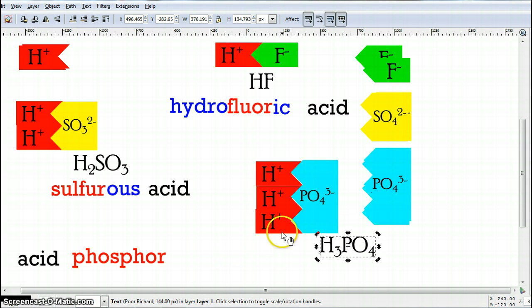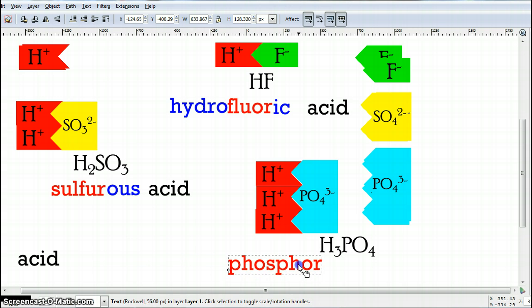Now, again, what I notice is that this was a polyatomic, so I do not use the hydro prefix. I just take the root word, which is phosphor. Now, this was phosphate. Now, I have to decide whether I'm going to be using OUS or IC ending here. Because it was phosphate, remember that we changed ATE to IC. Now, a little way that one person said it in class, and it kind of works for some people, not always for everybody.